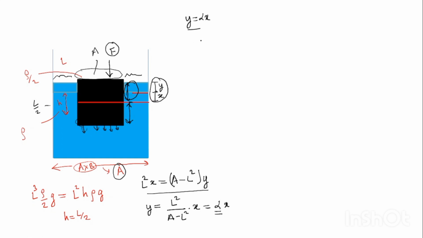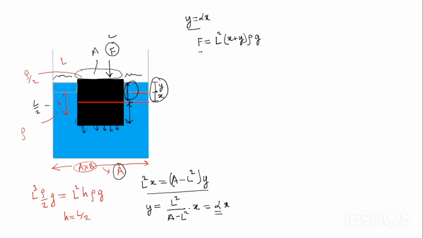That means what you can say? You can say that F, the external agency which is applying this force, F should be what? V rho g. V is what? L square times x plus y, V rho of water, that is rho, times g.